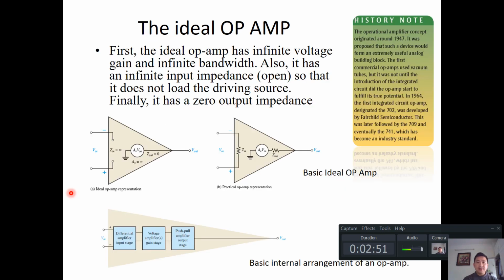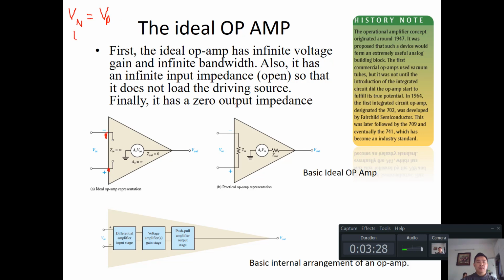For the ideal operational amplifier circuit, we have two main equations that need to be remembered. The first one is Vn equals Vp. Vn means the input at the negative point N, and Vp is the input at the positive point P. We always have Vn equal to Vp.